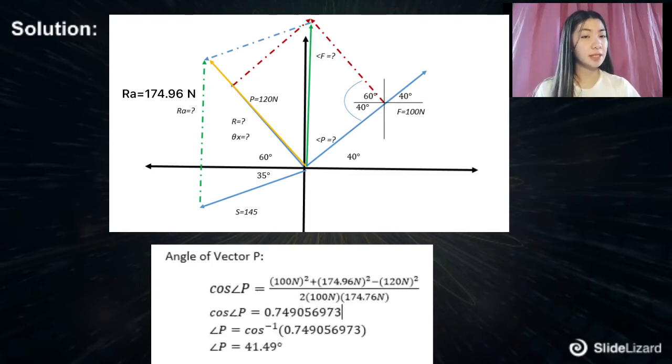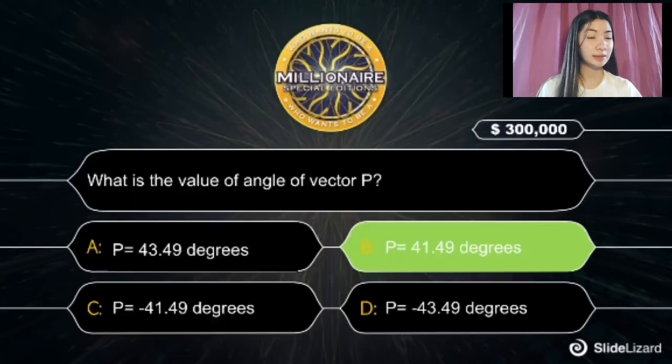The answer is 0.749056973. And to get the real answer, you need to use a calculator and press shift cosine and 0.749056973. And the answer is 41.49 degrees.